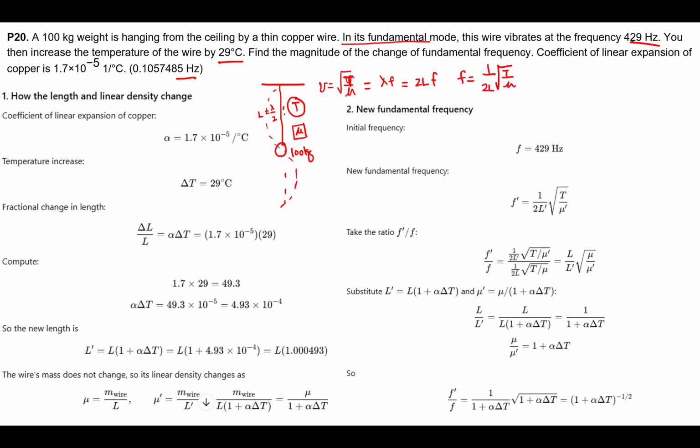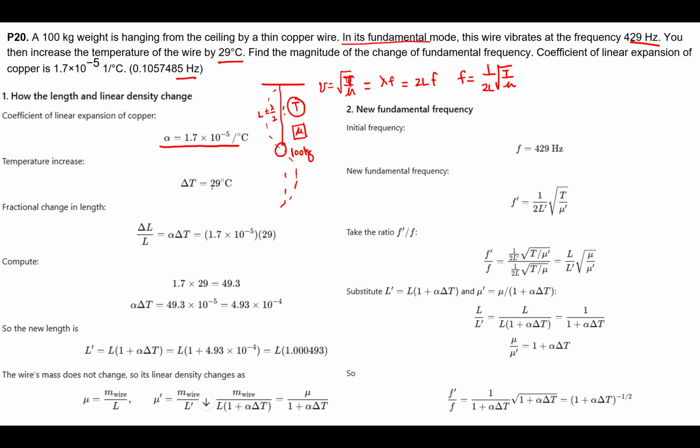This is what we have found for oscillations.